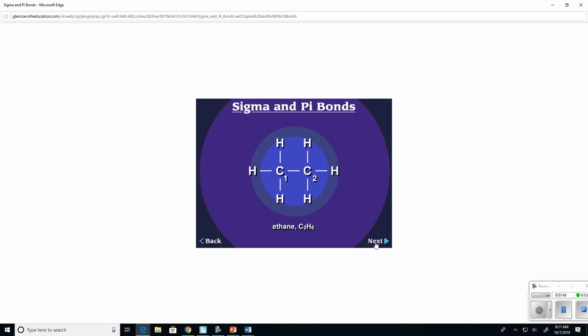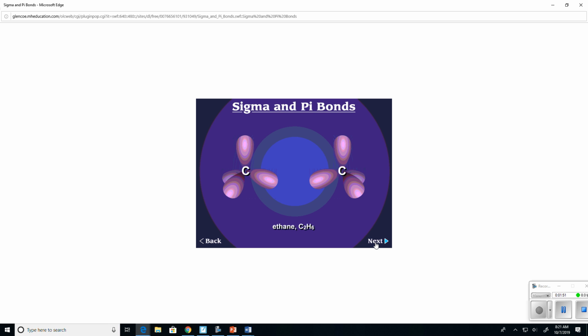The VSEPR model predicts that the geometry about each carbon atom is tetrahedral. In valence bond theory, 4 sp3 hybrid orbitals have a tetrahedral arrangement. We can begin to explain the bonding in ethane if we assume each carbon atom is sp3 hybridized. Each hybrid orbital will contain 1 valence electron, accounting for the 4 valence electrons of each carbon atom.